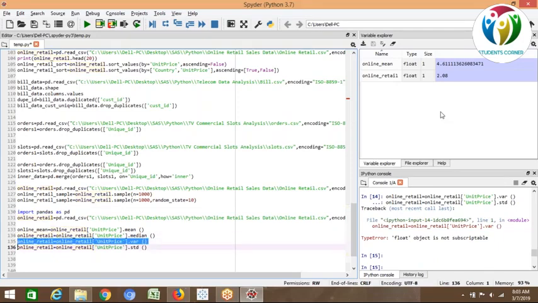Since you have stored that value into some other variable, it is showing in the variable explorer. Median and mean are coming, but var isn't. Here you have created all the names as online_retail instead of different names.